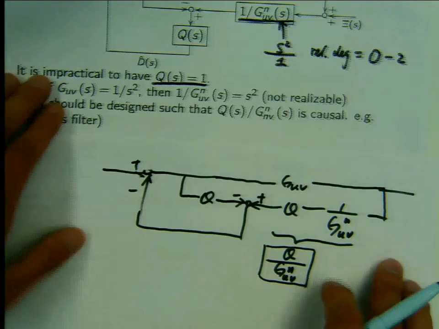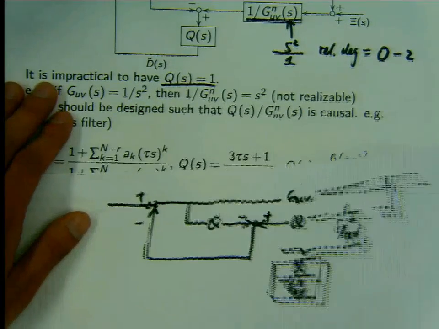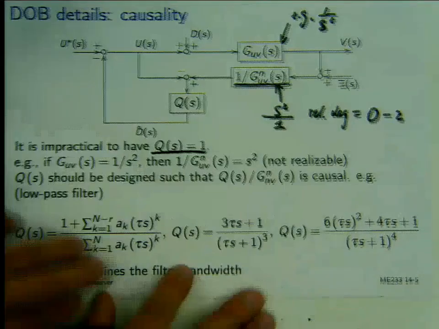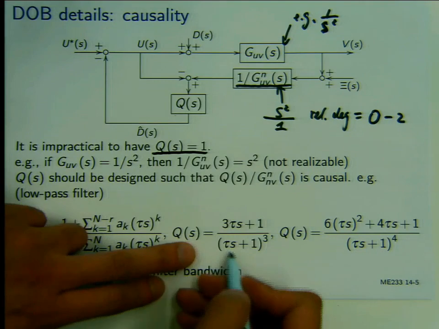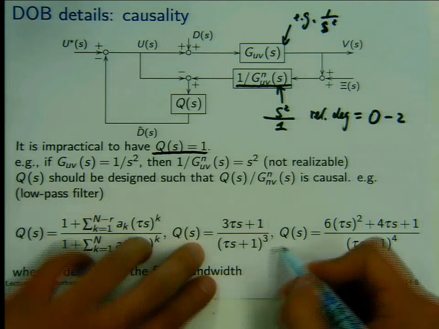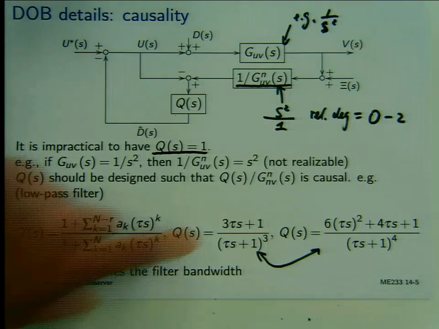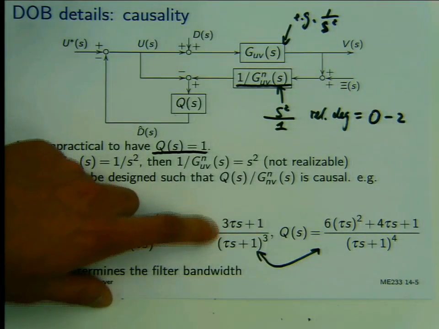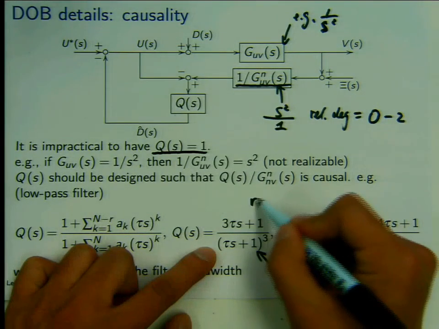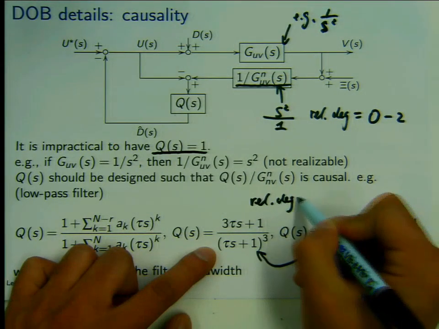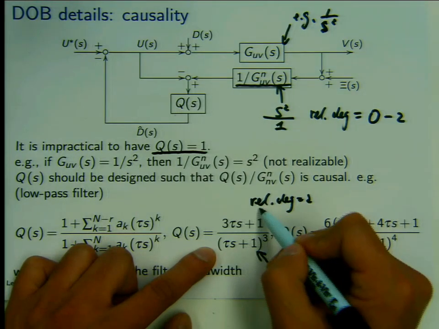One particular example of a way to design: I have shown 3 examples here. The last 2 are simple low-pass filters. You see, the relative degree of this guy is 2, and the relative degree of this guy is also 2.